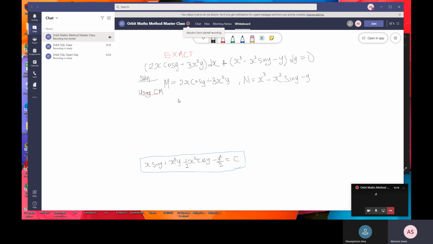So you know the rules, df dx, so f is our solution, so df dx is m, df dy is n. So let me just write it out here. If f is our solution, df dx is equal to m. So always be sure of what you are writing about your m and n.